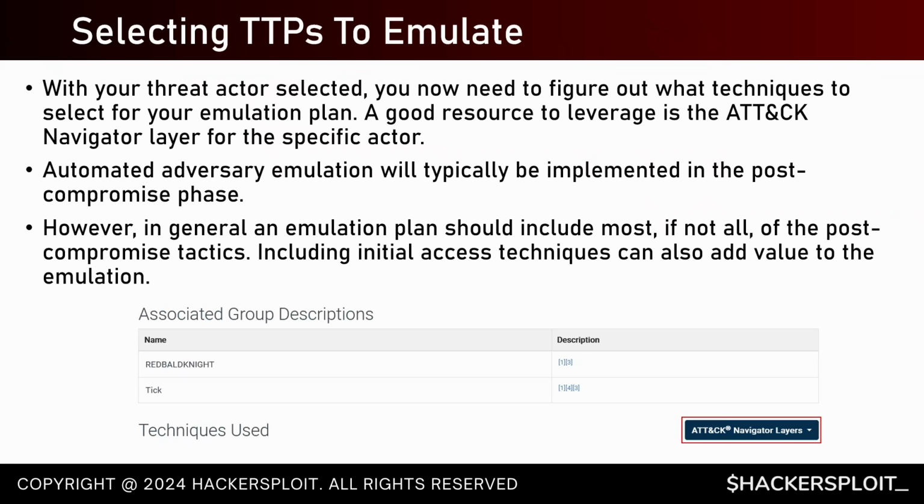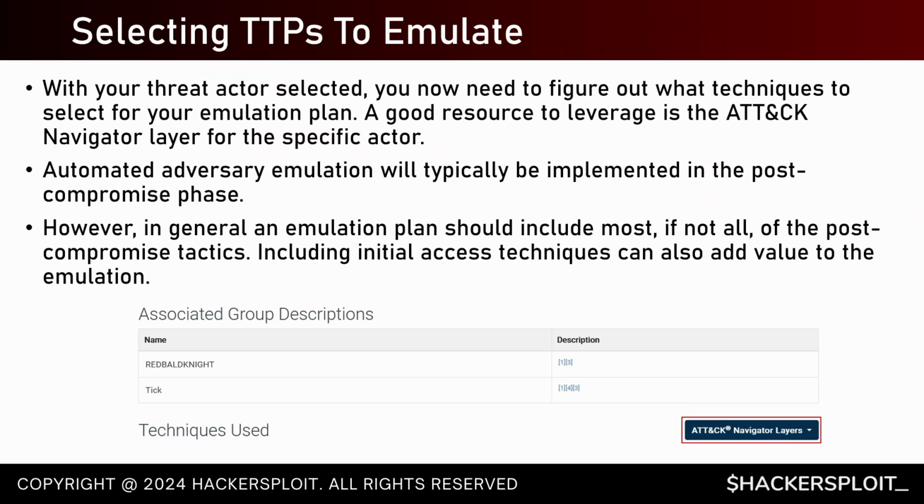It covers exactly how you can use the Navigator layer to map APT TTPs and also do a few more useful things, essentially how to operationalize it. So you'll be able to get the TTPs, but this is still not a plan.